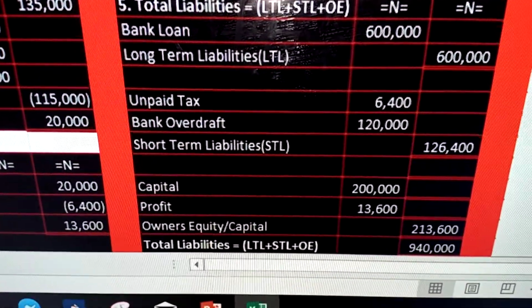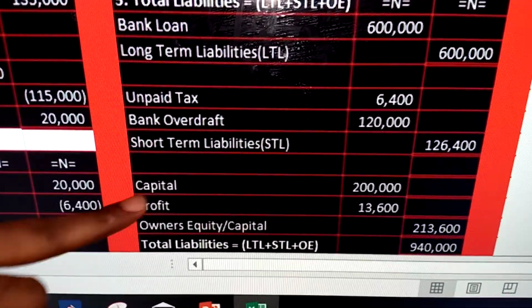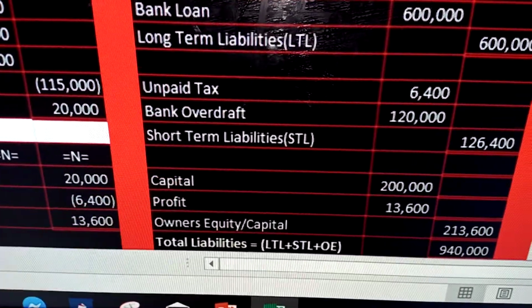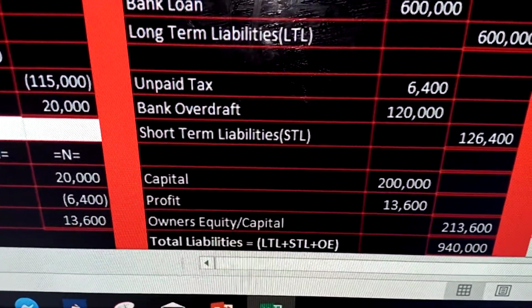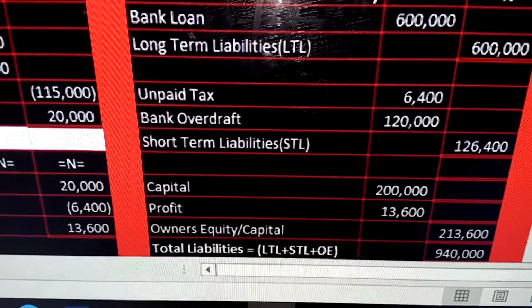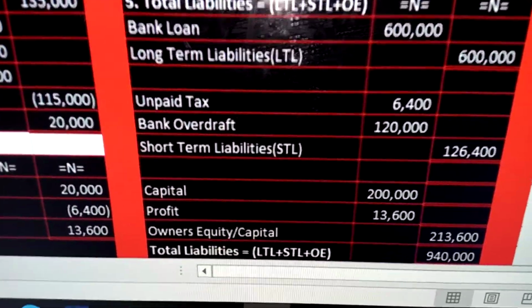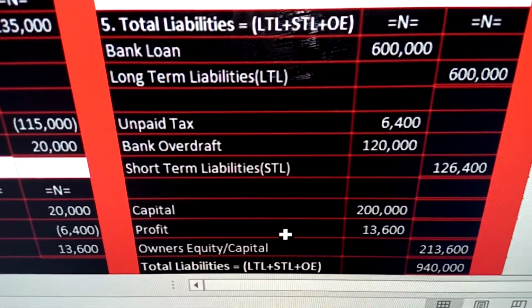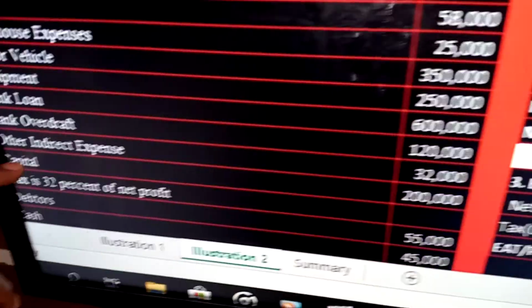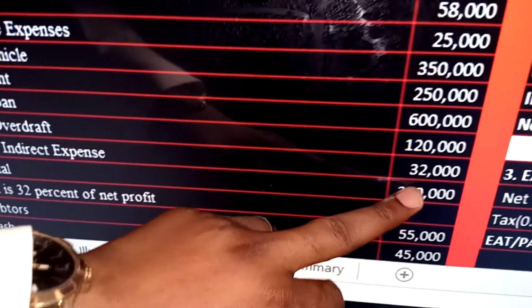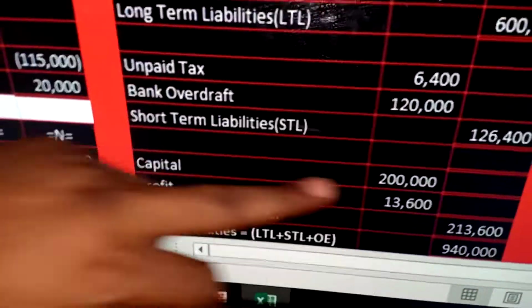Now, owner's equity is a function of capital, profit, and drawings. So here we have capital of 200,000. Our capital in the question, look at it here, is 200,000.